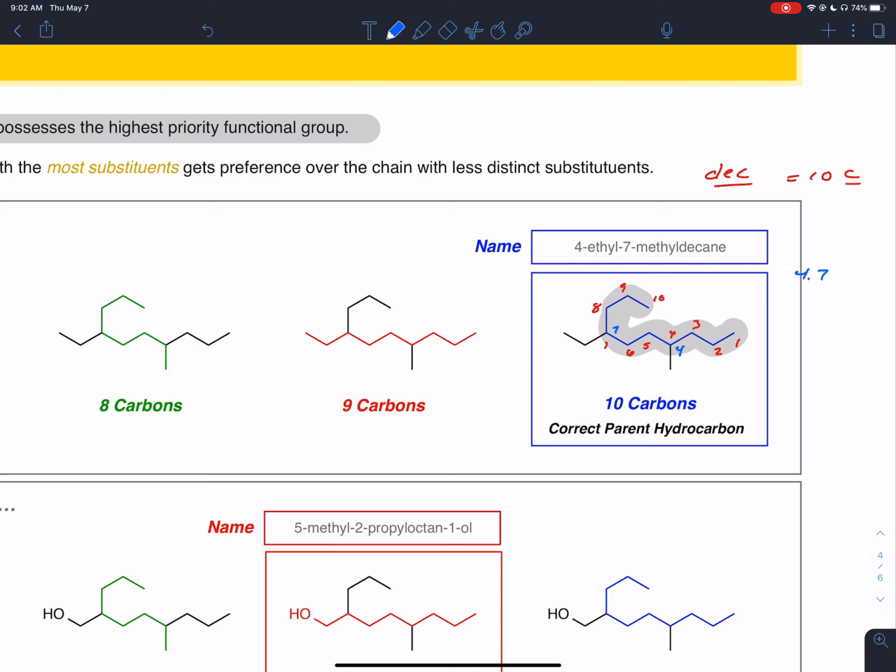So because we have this locant set tie of 4, 7, and 4, 7, we would want to number in the direction that would give the first named substituent the lowest locant. And we have a methyl substituent, a 1-carbon substituent, and an ethyl substituent. And notice how the numbering should actually go like this: 1, 2, 3, 4, 5, 6, 7, 8, 9, 10. So that we give the ethyl the lowest locant, that first named substituent.